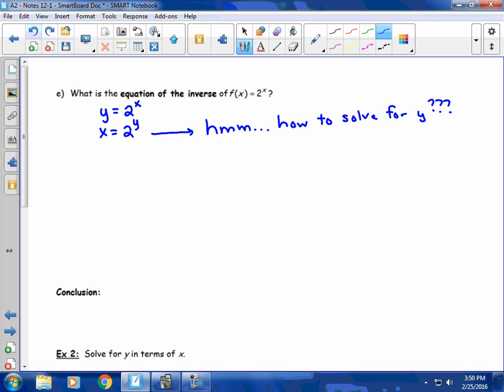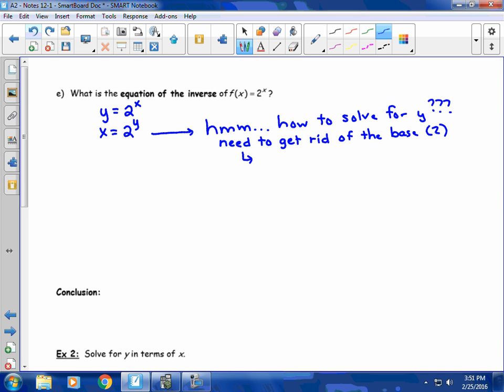Well, what I just said is true. We need to get rid of the base, which is 2. So how do we do that?